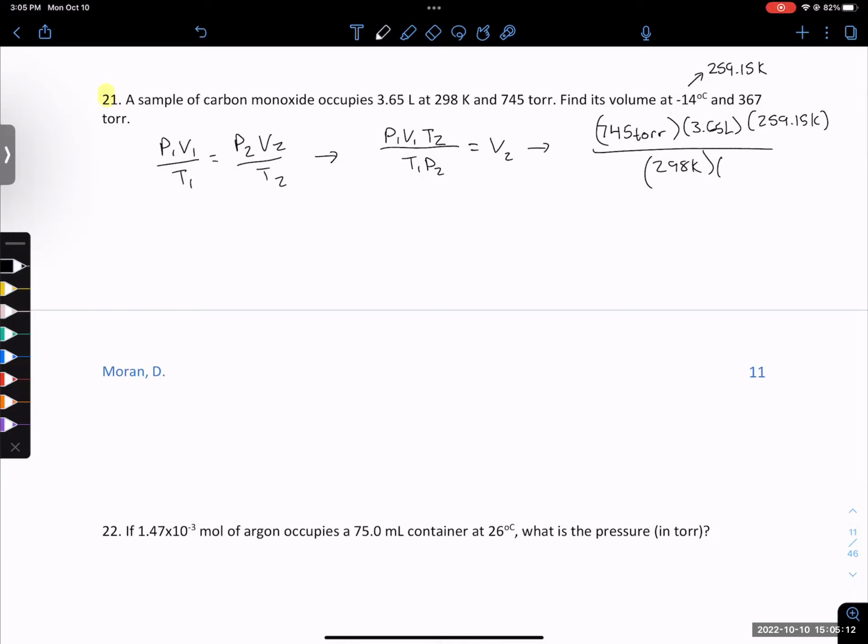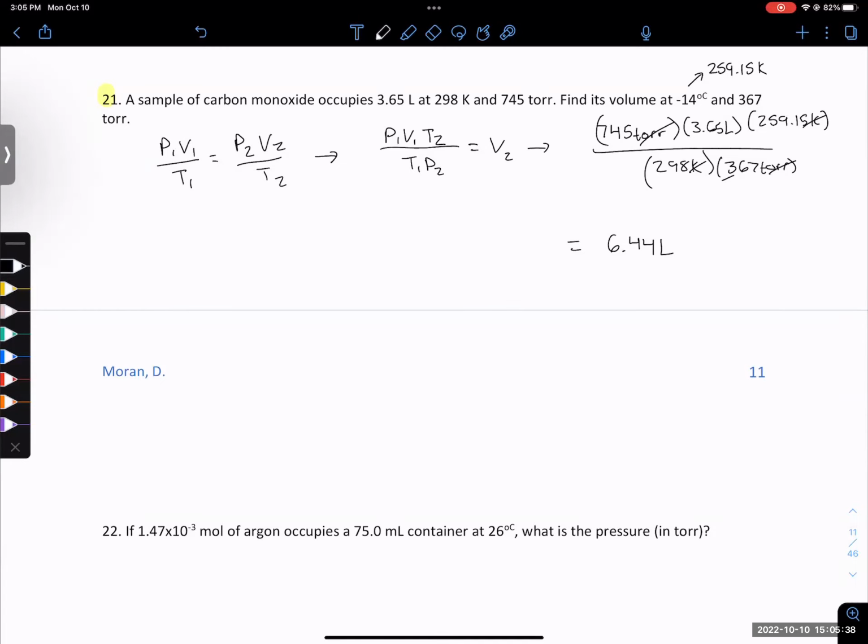And then what was the last variable, P2? So 367 torr. And like I said, all the units cancel out. So torr cancels, Kelvins cancel, and you're left with liters. And when you do that, I get, Maria, do you get an answer? What do you get? 6.44. So clearly, temperature decreased, but the volume increased.